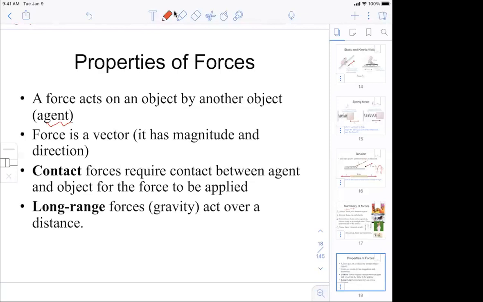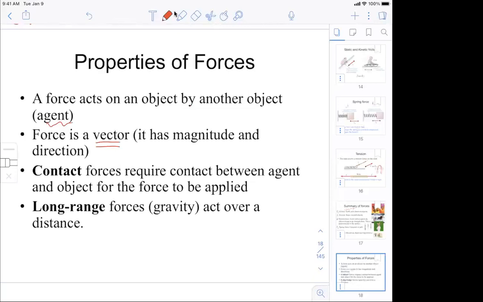Now, force is a vector, just like acceleration and velocity. It has both magnitude and direction. You have to tell people not only how large the force is, but in what direction the force is. Contact force requires contact between the agent and the object. If you don't touch someone, you cannot exert a force on them.